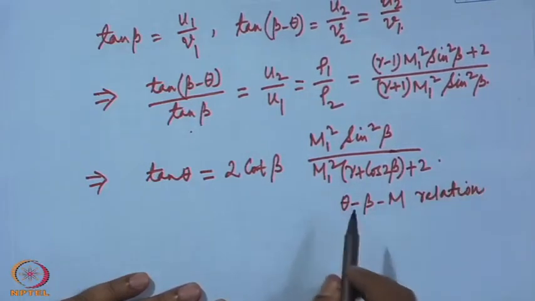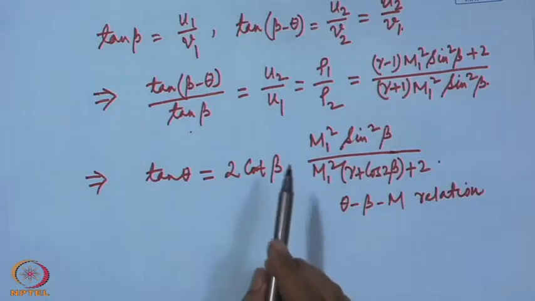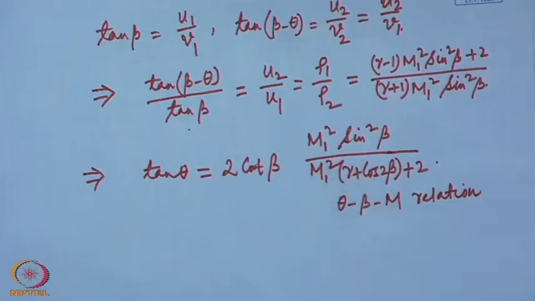This is called the theta beta m relation. It expresses the flow deflection angle in terms of the wave angle and upstream Mach number, and of course, the gas property specific heat ratio.